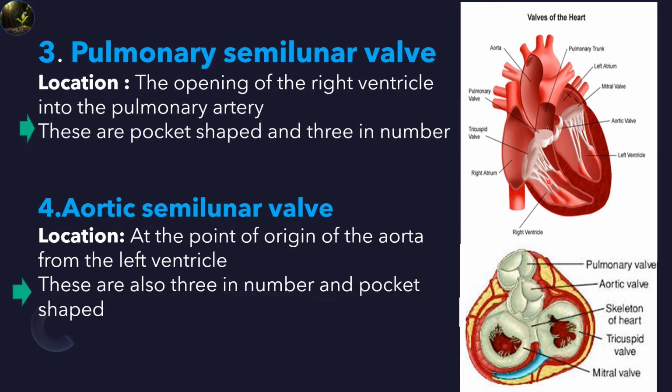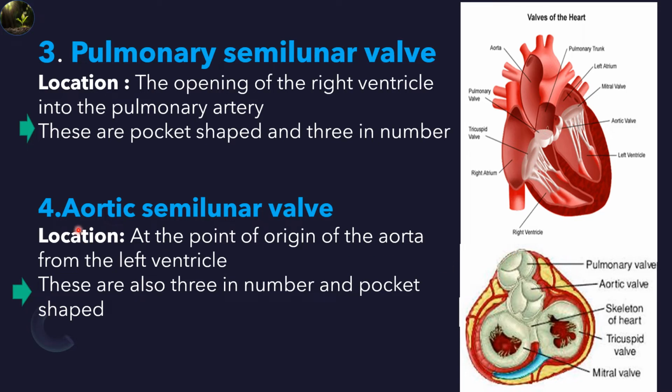You can see here, this is the pulmonary semilunar valve, present on the right side, at the opening of the right ventricle into the pulmonary artery. These are pocket shaped and three in number. You can see in this picture.